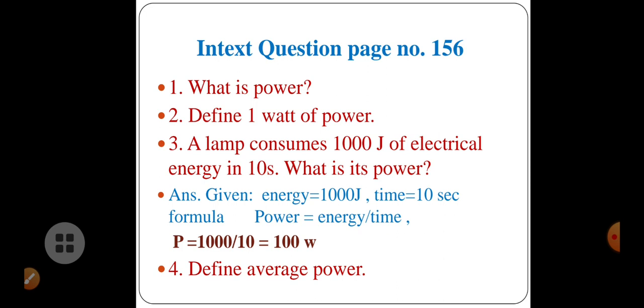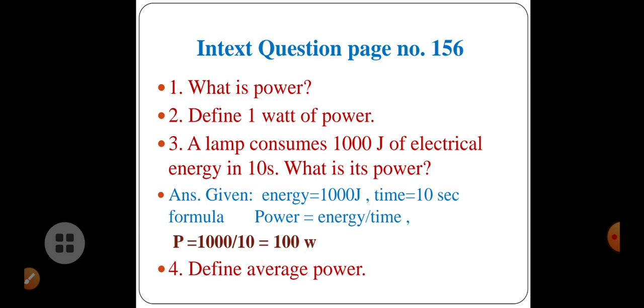Firstly, write down the given, then write down the formula and then do the calculations. Only then you will get full marks. If you leave any step, if you are not writing the given, if you are not writing the formula, then your marks will be deducted in the exam. So directly you will put the values and you will get the answer.